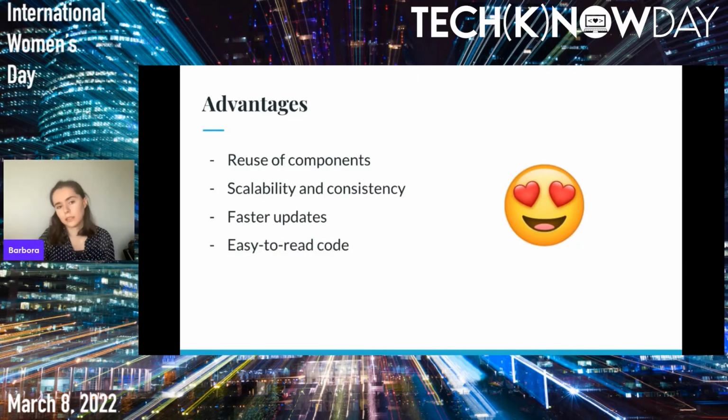The final benefit I'd like to point out is that it also leads to easier to read code. So one thing that I've noticed, for example, is that if I'm looking at a page or at a file which uses a variety of different components, instead of having to click into every single component to see what it actually is, it can be much easier to get a sense of the size of it and the complexity of it just by looking at the imports.